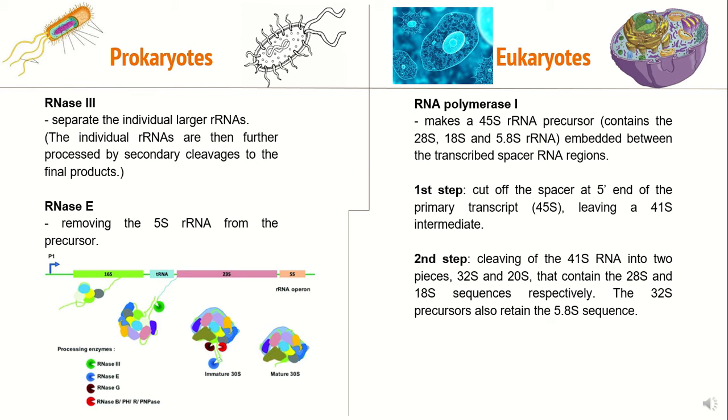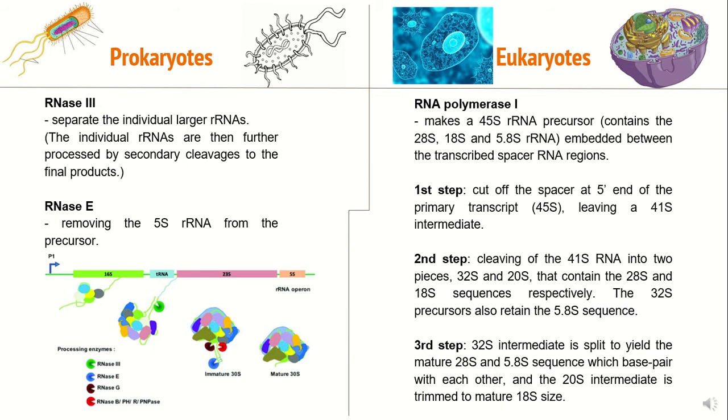The 32S precursor also retains the 5.8S sequence. Finally, the 32S intermediate is split to yield the mature 28S and 5.8S sequences, which base pair with each other, and the 20S intermediate is trimmed to mature 18S size.